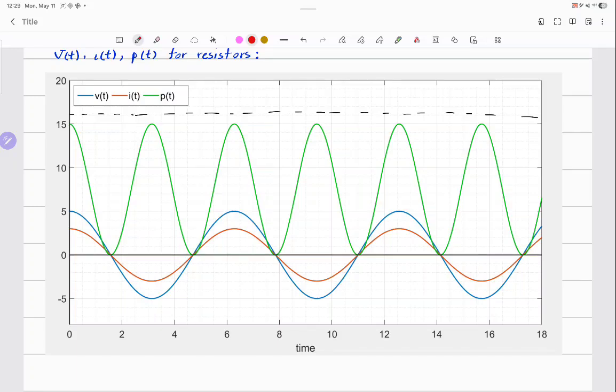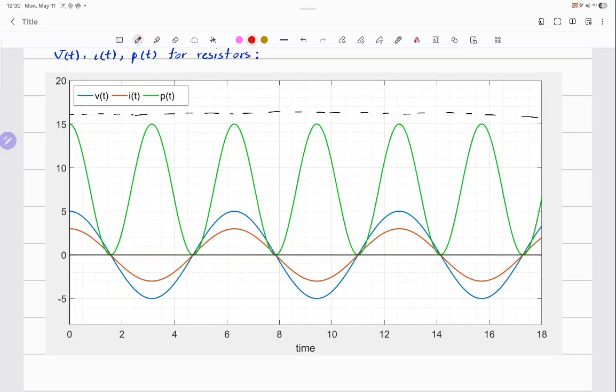So can you connect the fact that it is always positive to something physical? The resistor always absorbs power. That's why it should always stay above the horizontal line. Can a resistor supply power? No. So it should always stay non-negative. And what is the average value of the voltage or current? 0.